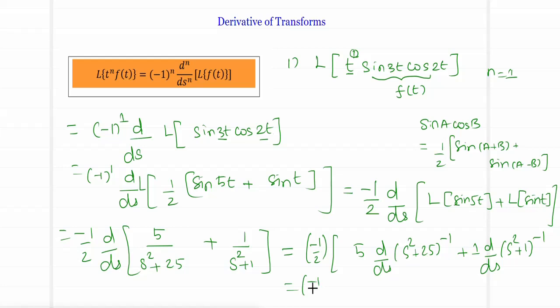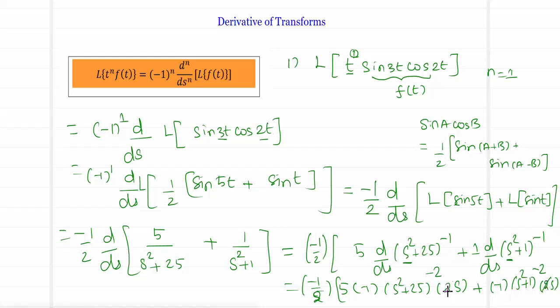Now let us start our differentiation. This gives me 5 times minus 1 into (s squared plus 25) to the power minus 2 into the derivative of s squared, which is 2s, plus, for the next term, which is to the power minus 1, minus 1 (s squared plus 1) to the power minus 2 into 2s.